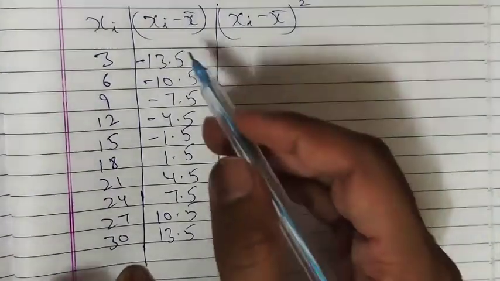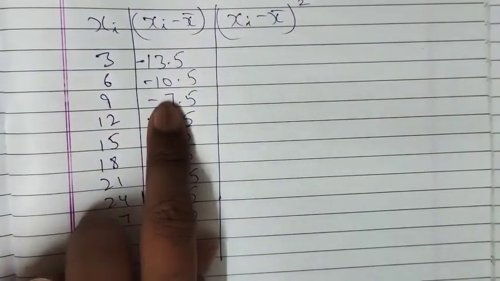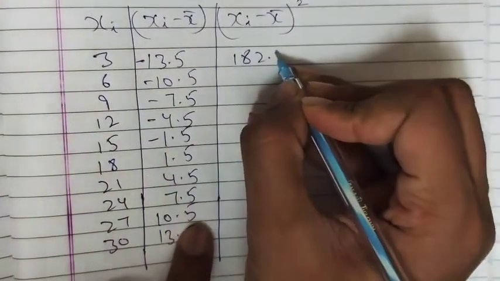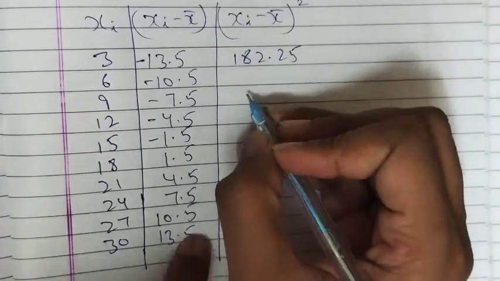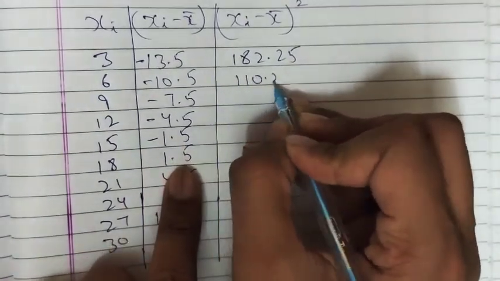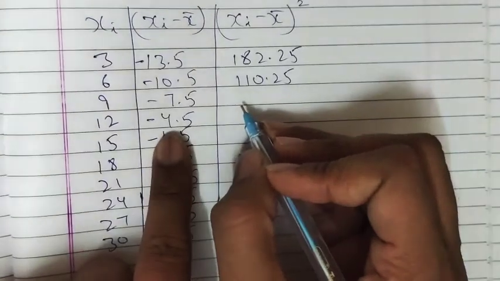So the square of this: 13.5 square is 182.25, 10.5 square is 110.25, 7.5 square is 56.25.